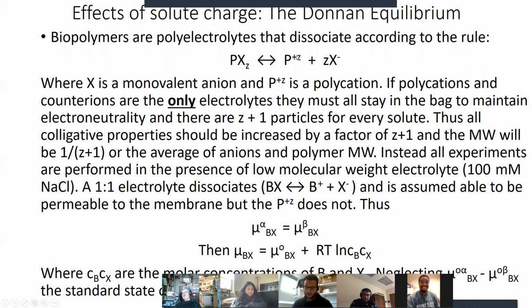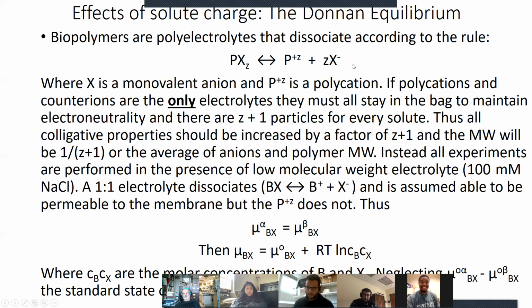So if the protein has an average net charge of plus Z, I was just reading something about average charge, then there must be Z ions associated with the protein. And you can't have a protein isolated from its neutralizing electrolyte. So this is written as plus Z, implying a positive charge. This could also be written as minus Z, so that the counter ion is actually a cation, not an anion.